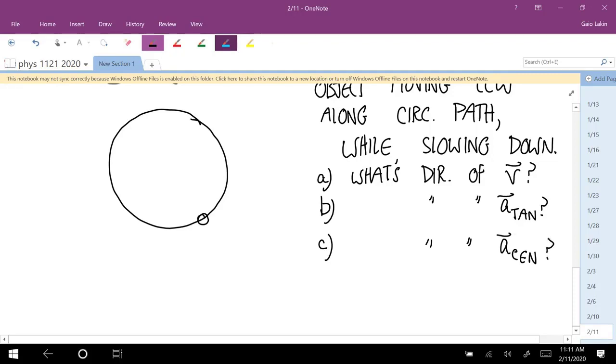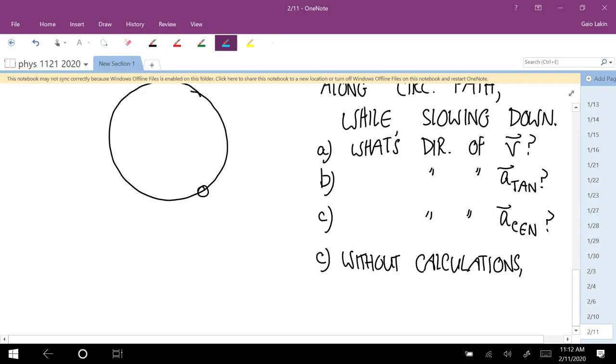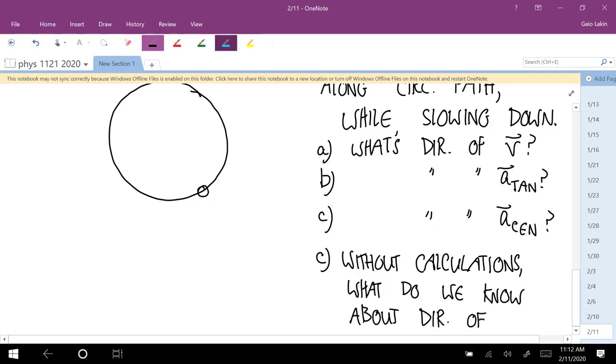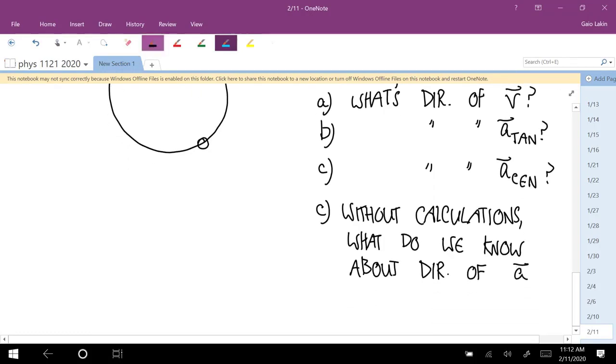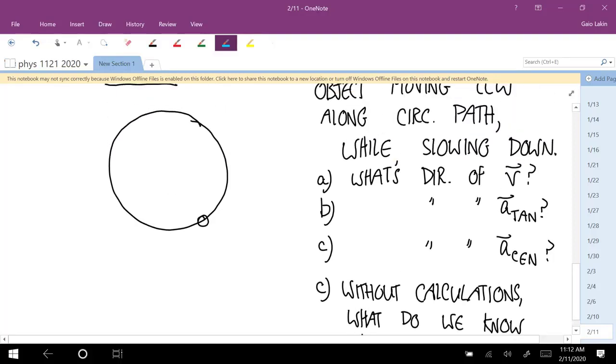And then before we do any calculations, so without calculations, what do we know about the direction of the total acceleration vector A?